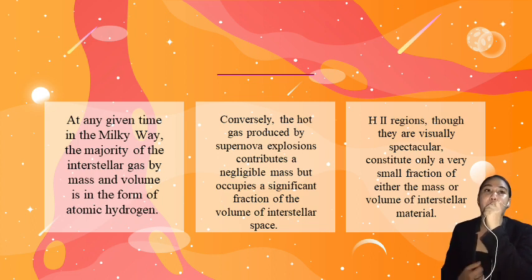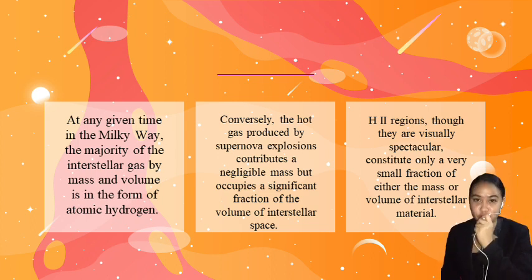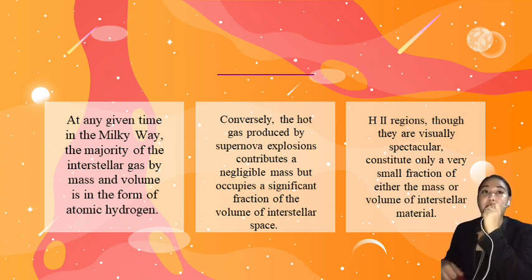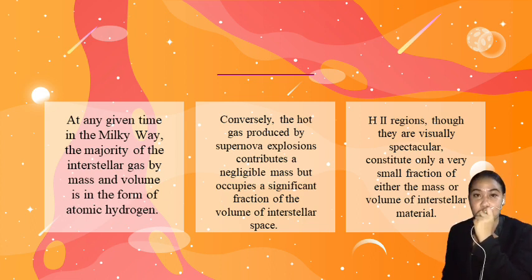Now, at a given time in the Milky Way, the majority of the interstellar gas by mass and volume is in the form of atomic hydrogen. The much denser molecular clouds occupy a tiny fraction of the volume of interstellar space, but add roughly about 30% to the total mass of gas between the stars.